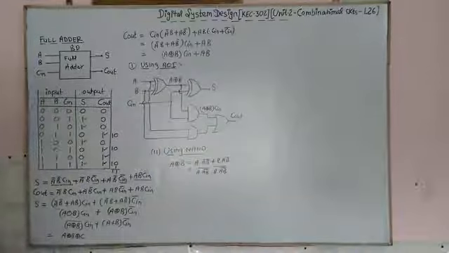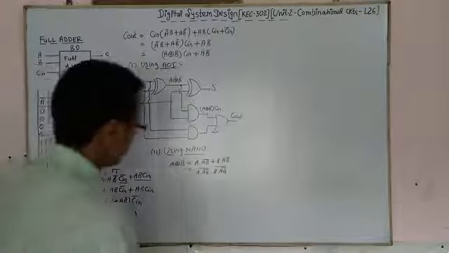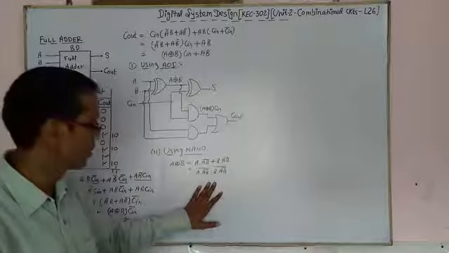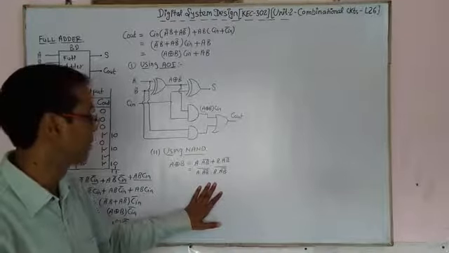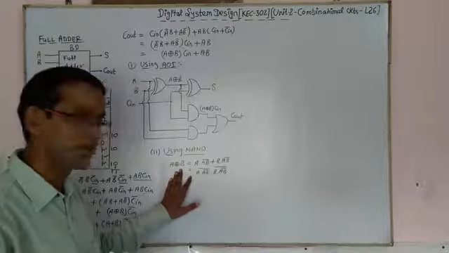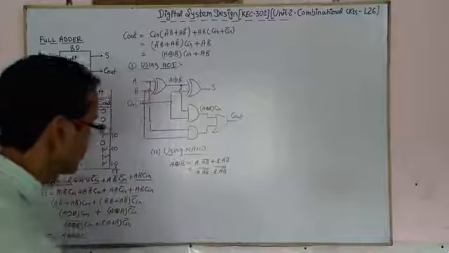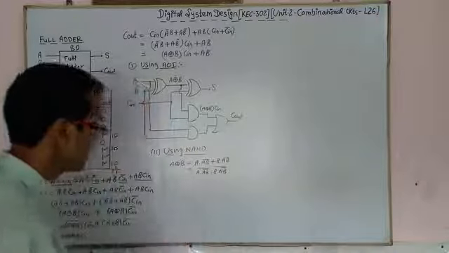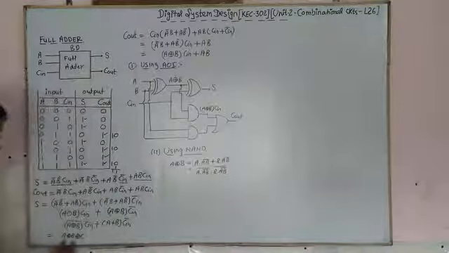Okay, so we have already done this A XOR B implementation using NAND gate, and also we have done this XOR implementation using NOR gate, already done in the previous lecture, you can see. So we have the result. So first of all you have to implement this XOR, because here we have XOR B.